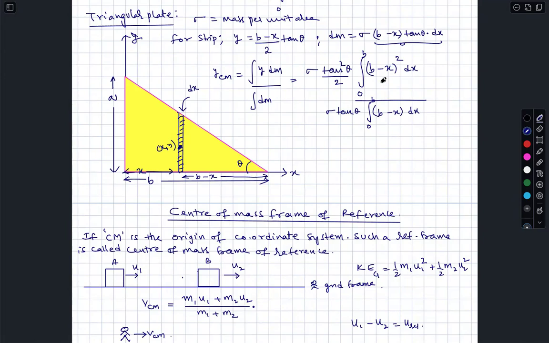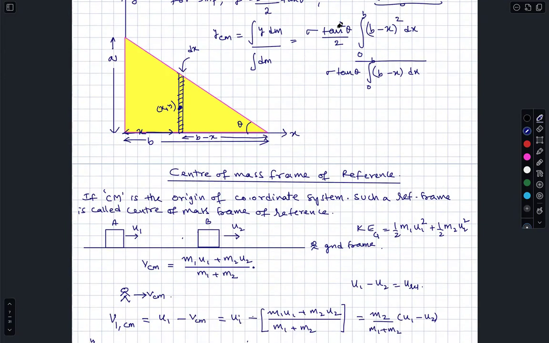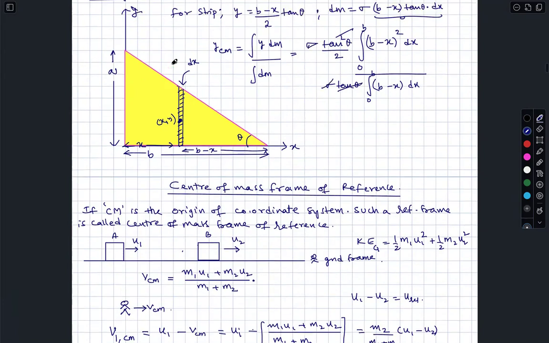In the place of b minus x, you take anything. Sigma also you can do. By the way, tan theta is a by b.